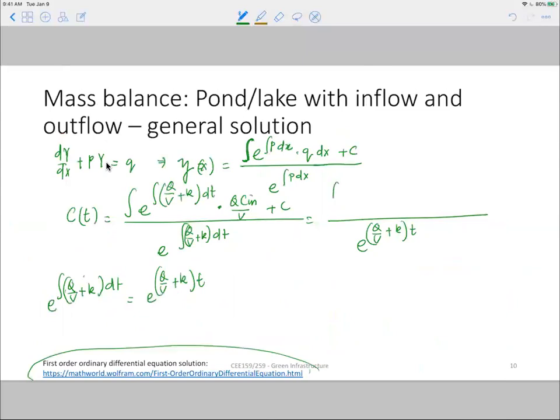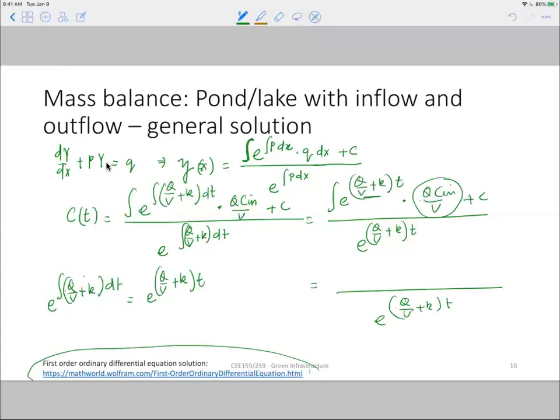This term over here will be e to the power Q over V plus k t times Q C in over V plus c. This is a constant, this is also a constant, so e to the power at.